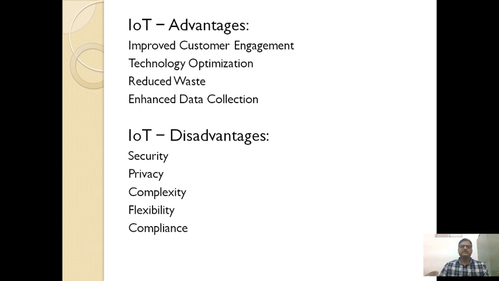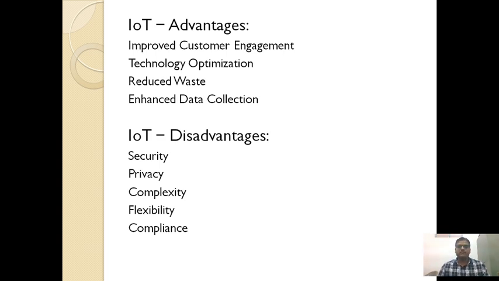Next one is flexibility. Many are concerned about the flexibility of IoT systems to integrate easily with one another. They worry about finding themselves with several conflicting or locked systems.